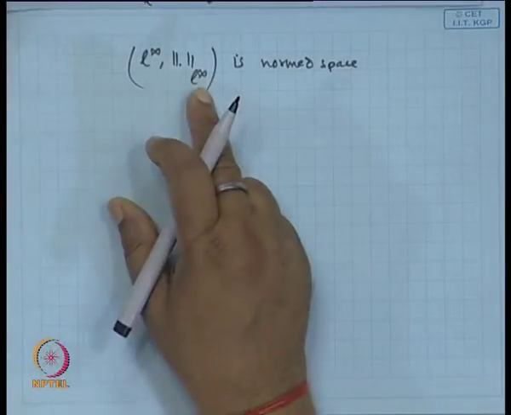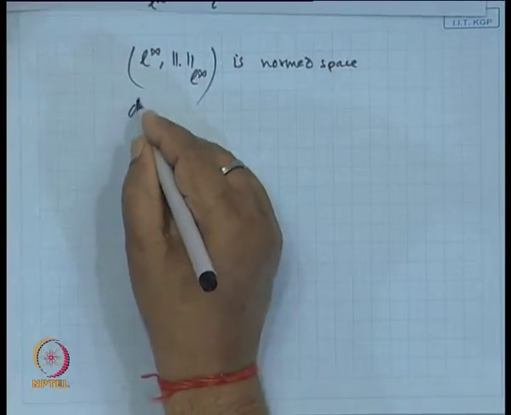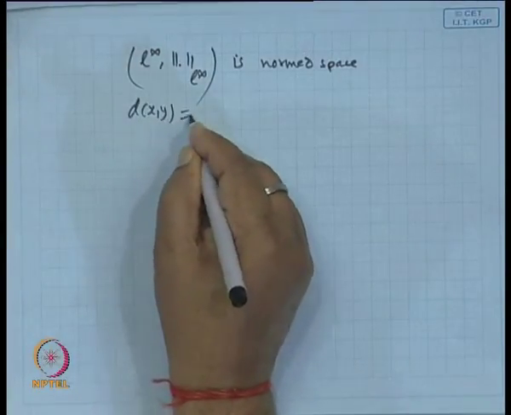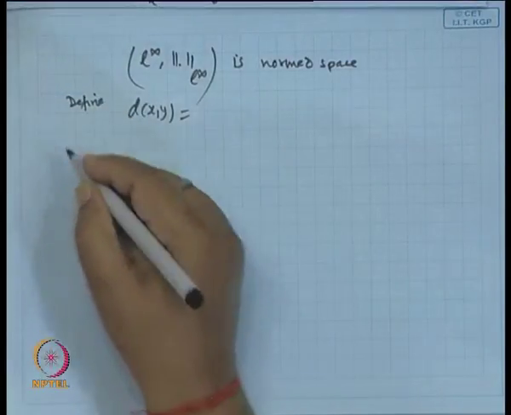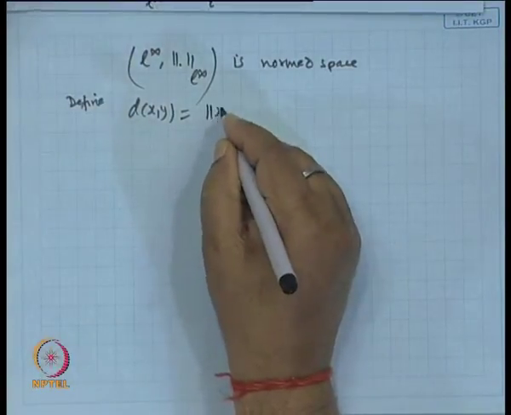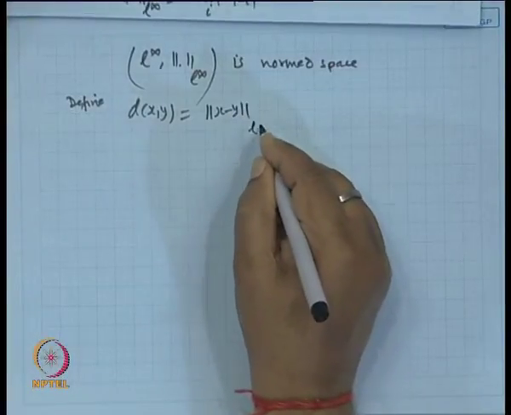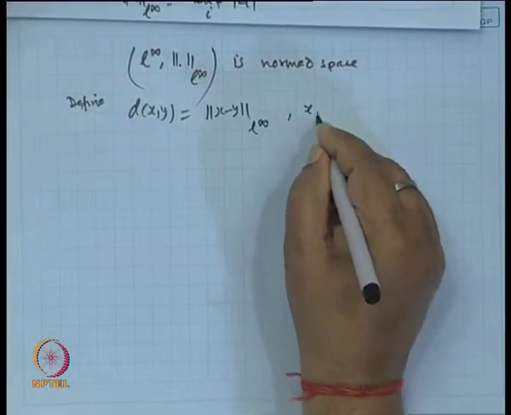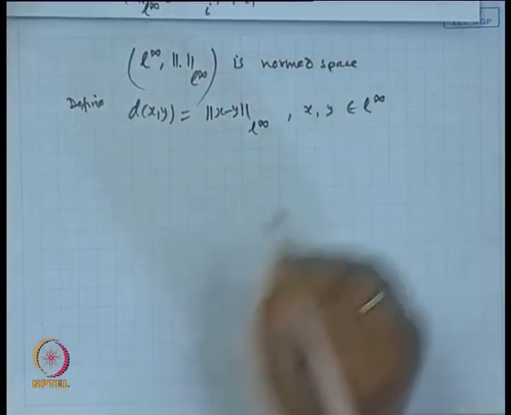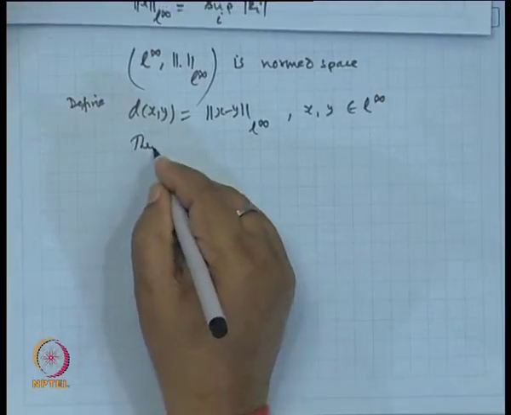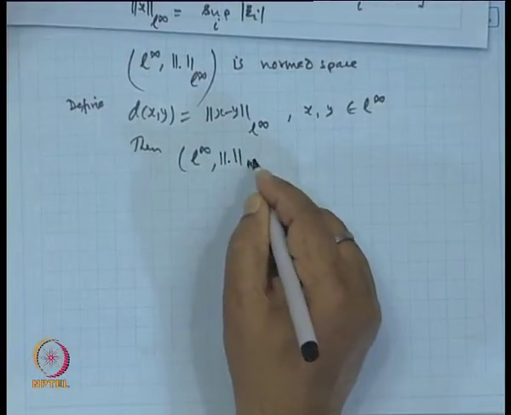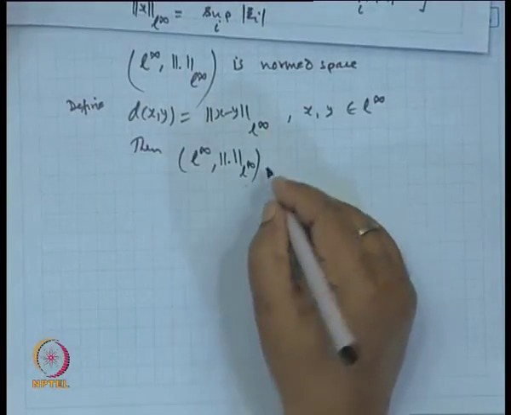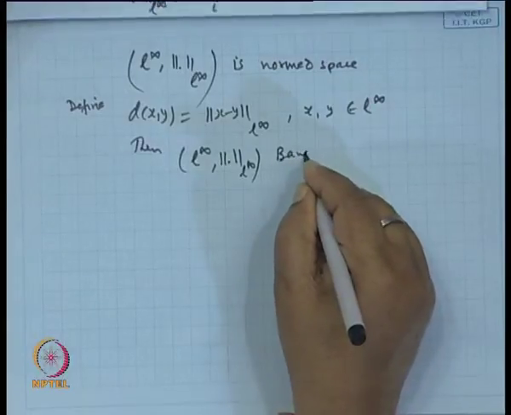All the properties of norms are satisfied, and if we introduce the notion of the distance d(x, y) on L infinity as the norm of x minus y, where x and y are elements of L infinity, then L infinity under the norm infinity forms a Banach space.